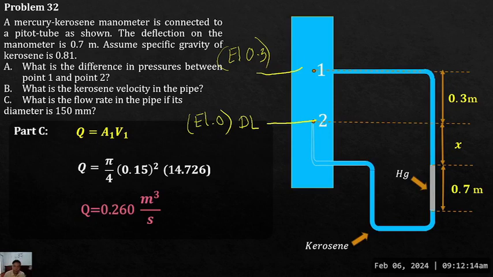Sir, is it always in point 2? If you're referring to the datum line, not necessarily. Pwede yung datum line mo yung point 1. So, if point 1 mo yung 0 na elevation, so yung point 2 mo, since nasa baba siya ng zero elevation, of course, magiging negative, tama? Negative 0.3.